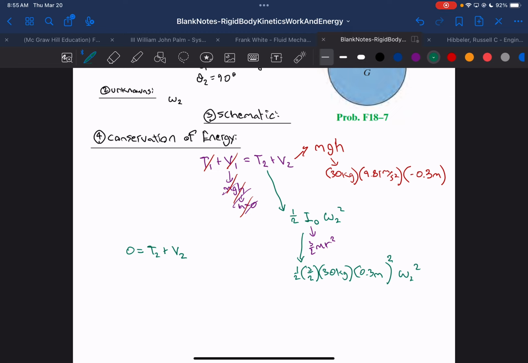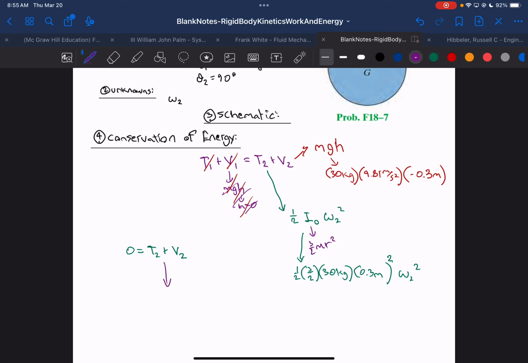I got 6.6 radians per second. Okay. Does everybody agree with that? Anybody get something different? About the same? Yeah. I would trust him too, so just say yeah. Okay. So 6.6 radians per second. So that is what I got as well.